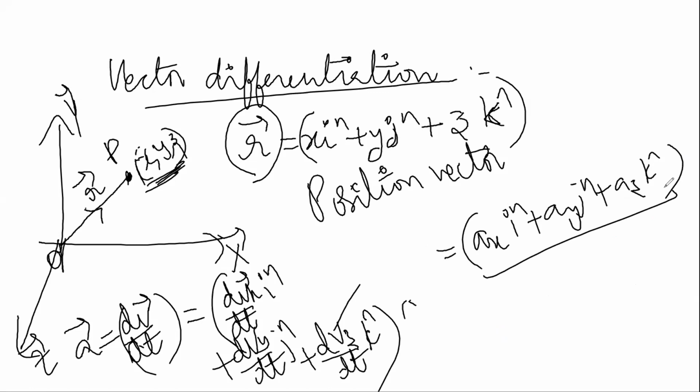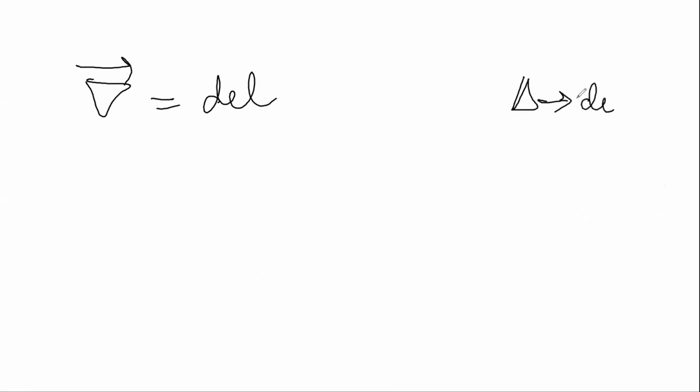Now let us learn some vector differential operator. Del bar. Let us learn one vector differential operator. It is known as del. This is delta, which is for change in any property.